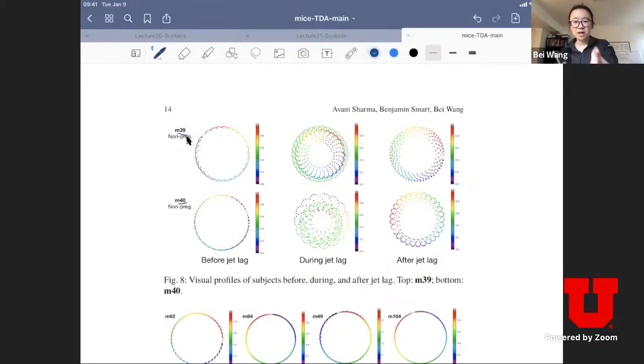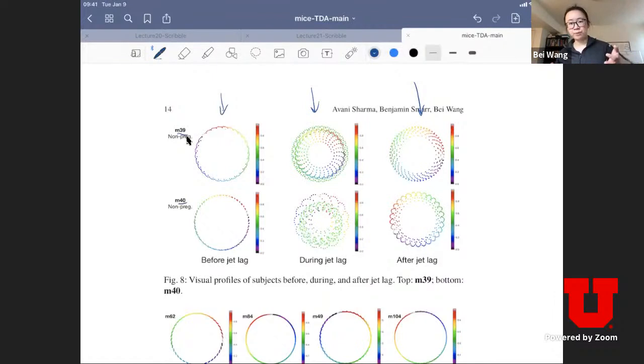But in this particular case, you take the sequence into 3 components. The first part is a time signal that is before jet lag. This is a time sequence during the jet lag, and then this is the time sequence after the jet lag. And you see that, using persistent homology together with the parametrization, of course, before the jet lag, it's non-pregnant, you have the perfect periodicity.